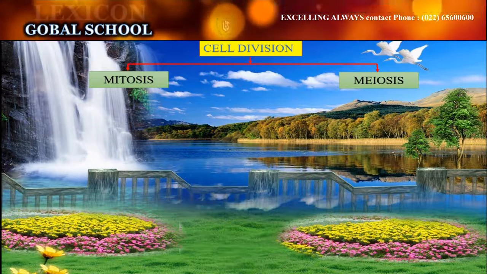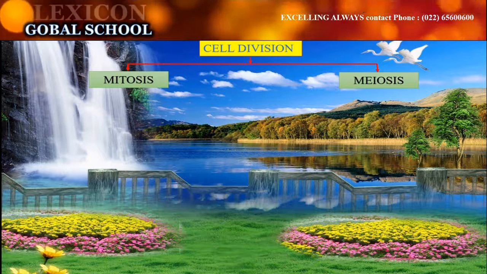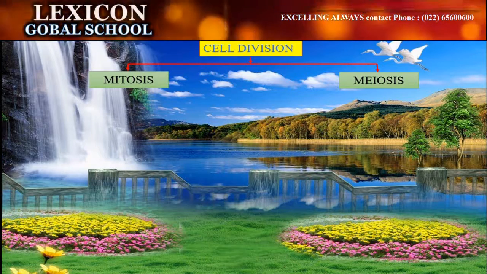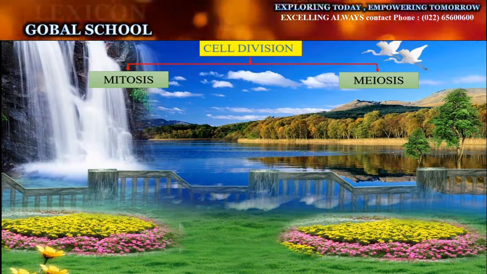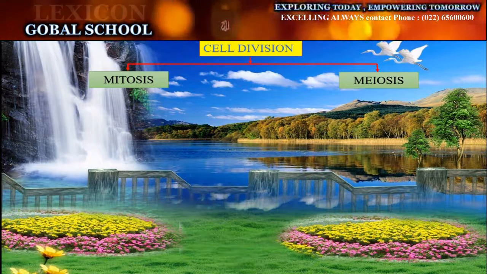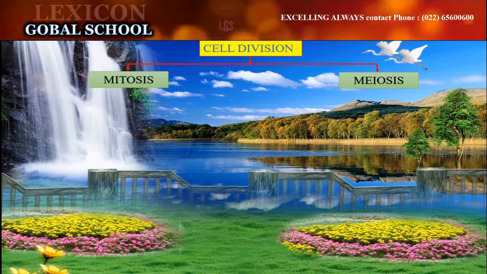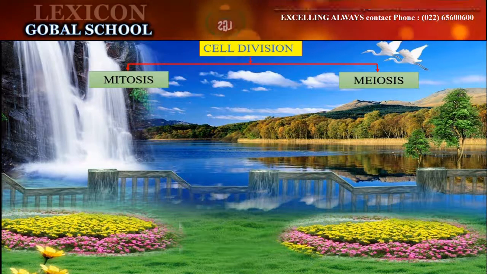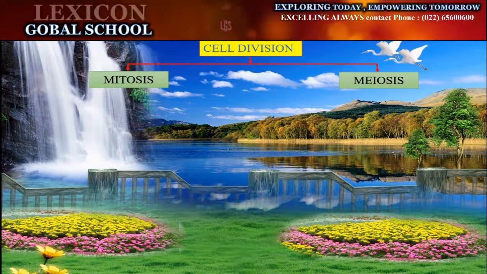So when I have a cut internally or externally, leaving the reproductive organ part, that means your testes, your sperms and your ovaries, leaving that part, the entire body has somatic cells. That means mitosis division, whereas when there is reproduction, it has meiosis division.